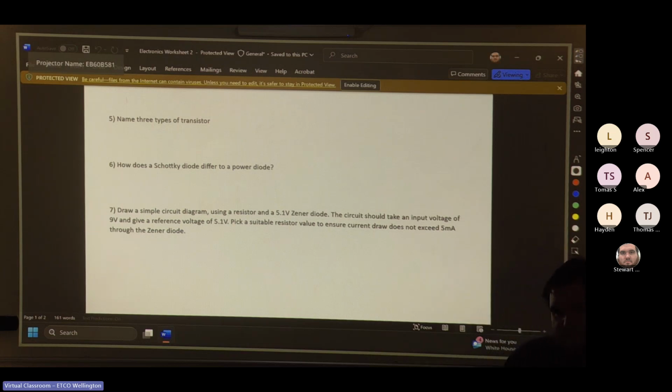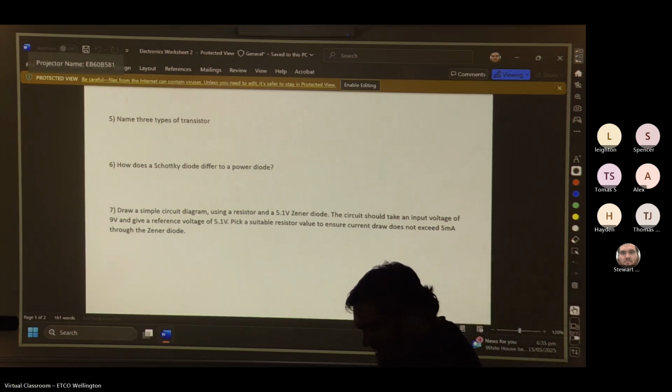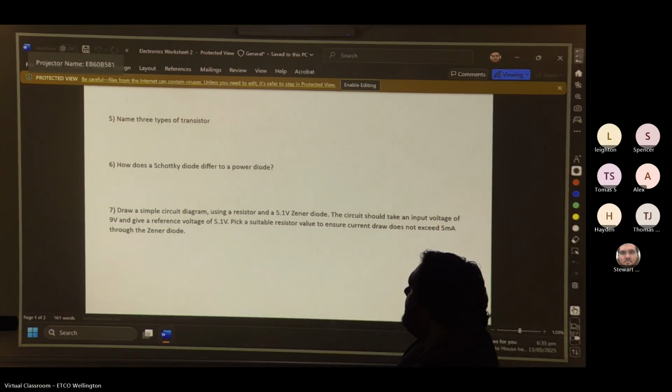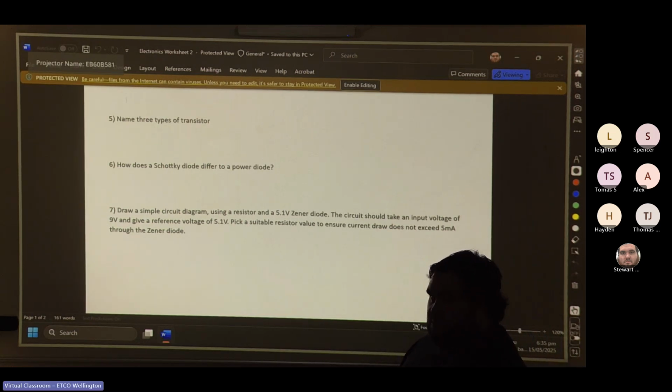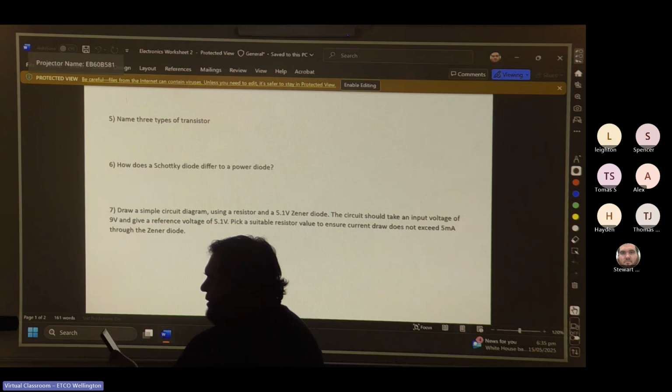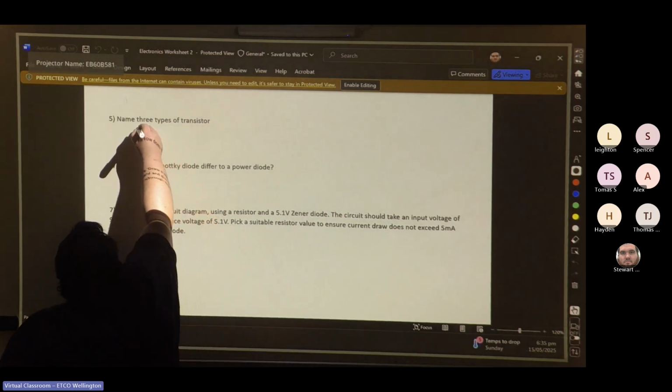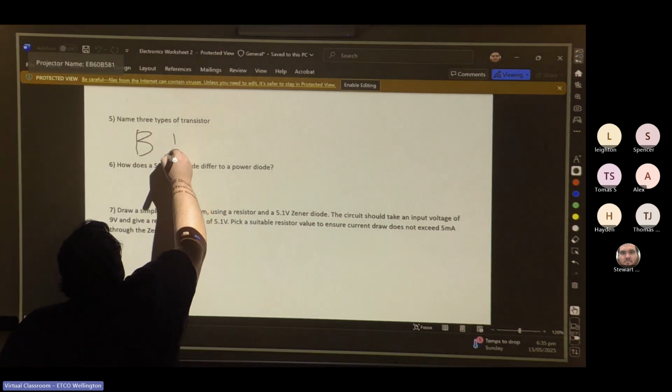Feel free to just Google these. Cool. So I will give you one. So bipolar junction transistors or BJTs.